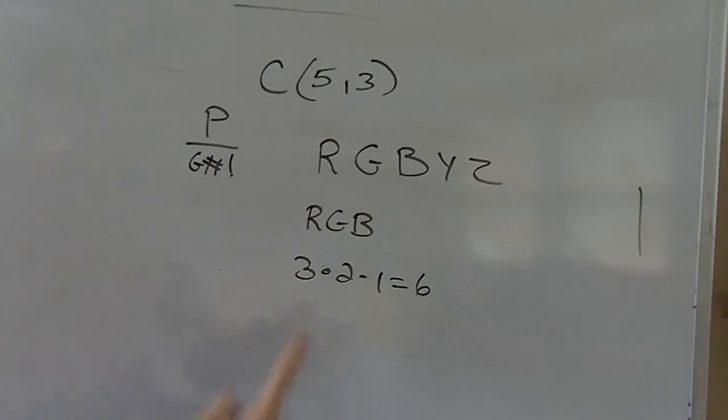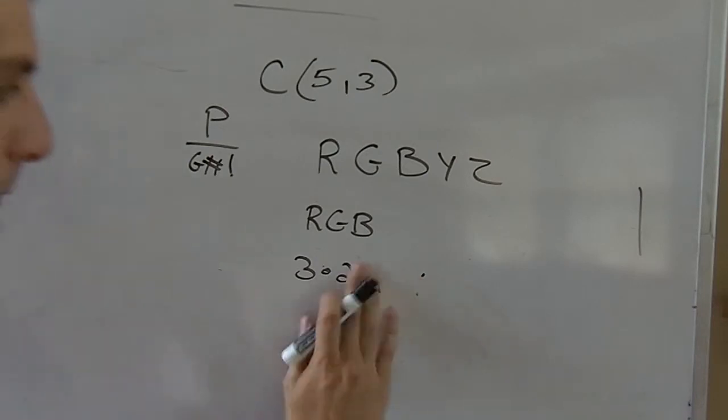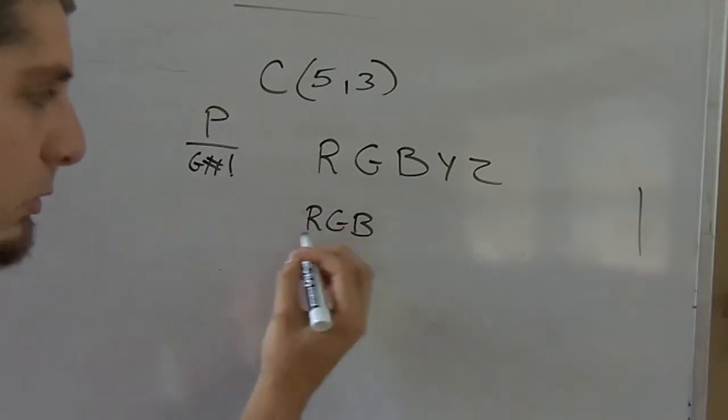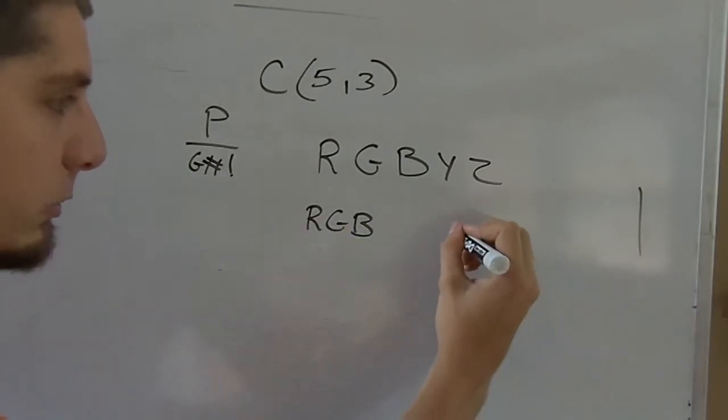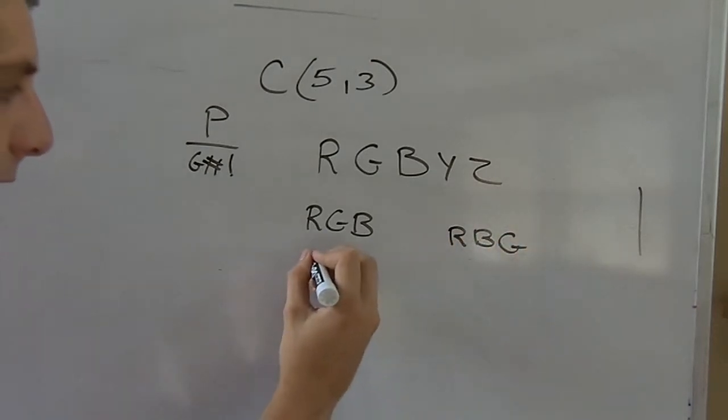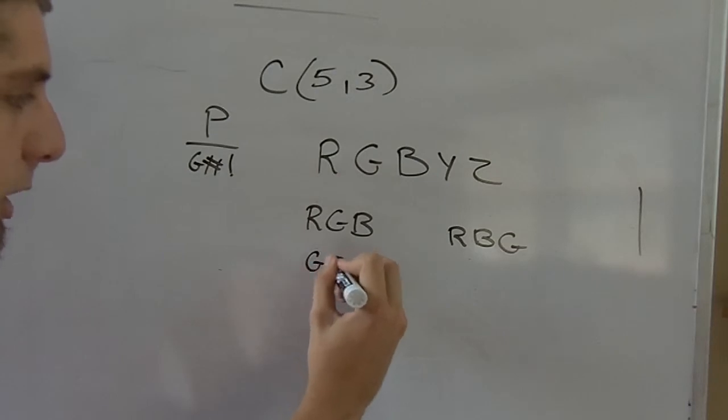So I can take the letters R, G, and B and arrange them 6 different ways. That's what this is telling me. If I take RGB, I can also write it RBG. I can write it as GRB.